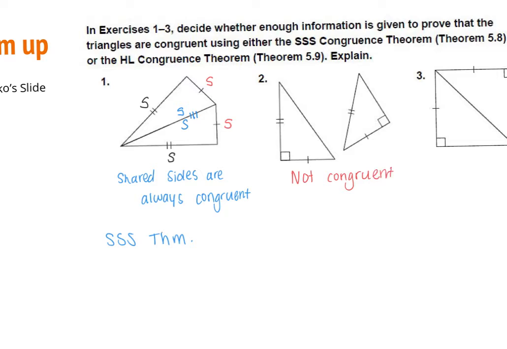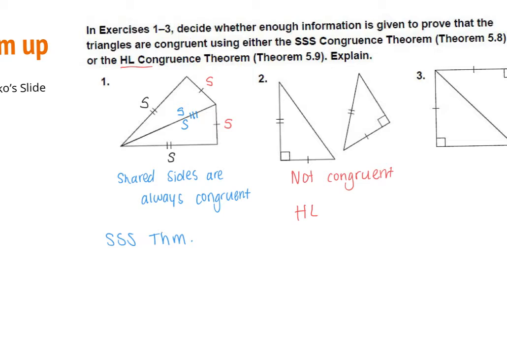I mean, you're not wrong, right? They are not the same size. But let's think about, they're right triangles, right? So we automatically know we're probably going to apply the HL congruence theorem, okay? We're going to try to apply HL.